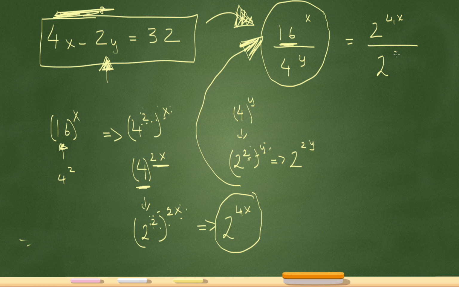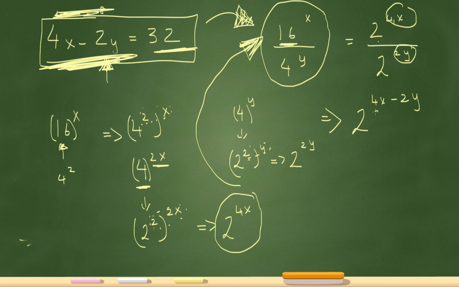So I have that as 2 raised to the 2y. Now remember, if you have the same base, you subtract your exponent. So this becomes 2 to the 4x minus 2y, because I'm just subtracting this and this. Now if it all connects, look at that. It was telling me 4x minus 2y equals 32. So I know that 4x minus 2y is 32, and that's why the answer is 2 to the 32.